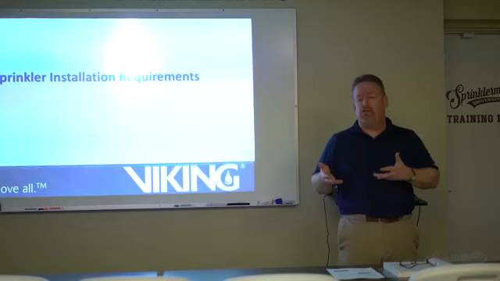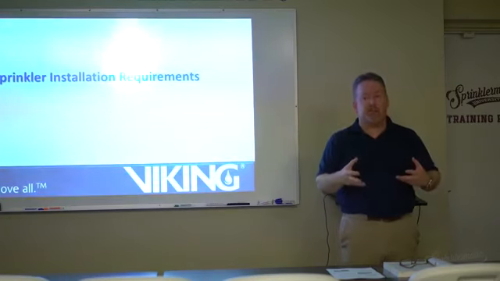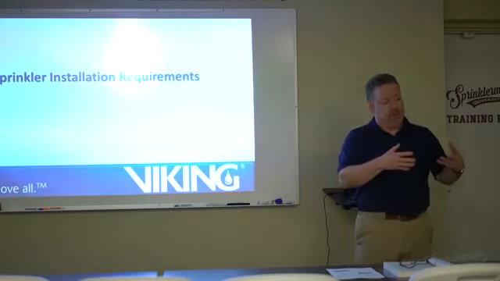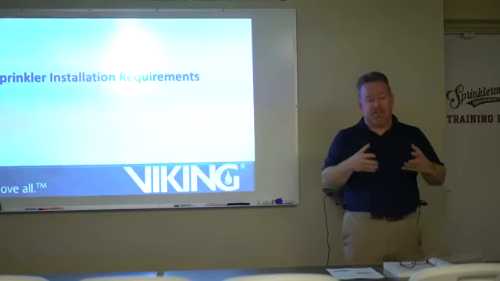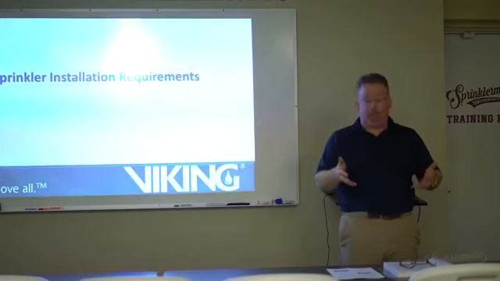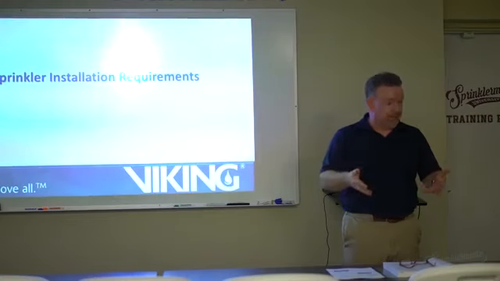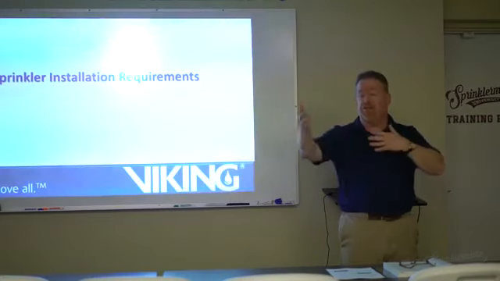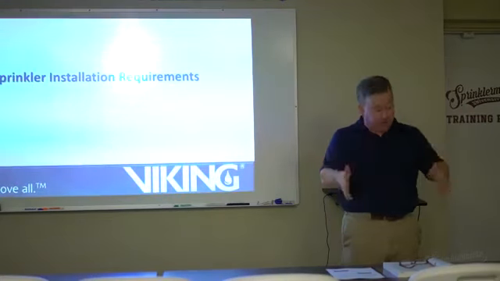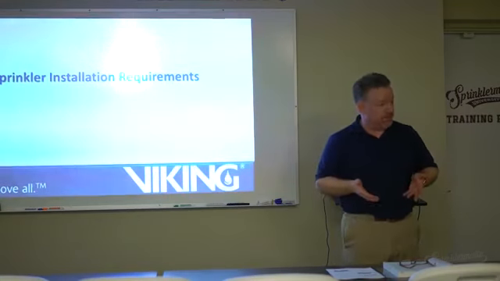We mentioned earlier, remember, that if it was a light hazard occupancy, for example, NFPA 13 says you're limited to one type of sprinkler, and that is the quick response sprinkler. There's quick response extended coverage and things like that, but you're limited to a quick response sprinkler in a light hazard occupancy in a new installation.